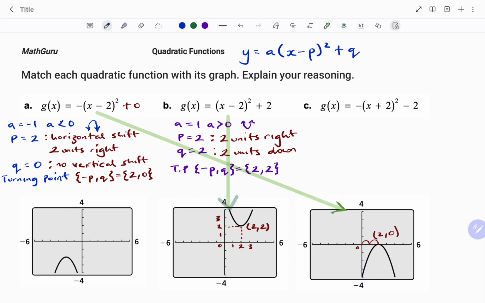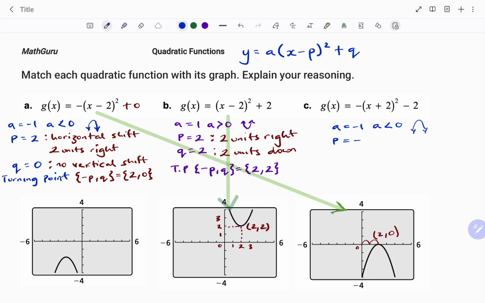And for my last but not the least function, I have the value of a. A is -1. Because my a is -1, that means my a is less than 0. So my graph will be concave down, or a sad face as shown. The second interpretation is the value of p. P in this case, as you can see from my standard equation, which is minus p, what that means is the value of p here will be -2.